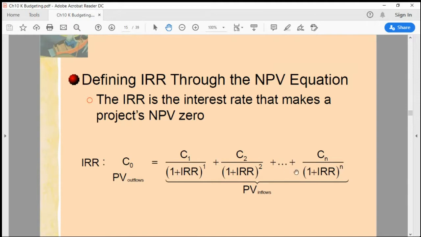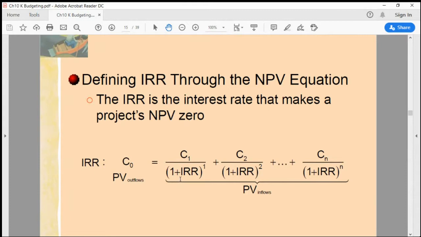Now, I also explained, if the right-hand side is supposed to be equal to the left-hand side, then it can happen only under one condition, meaning there would be only one unique discount rate that would make it possible, right? Depending on what the discount rate would be, the right-hand side can be greater than, or less than, or equal to the left-hand side.